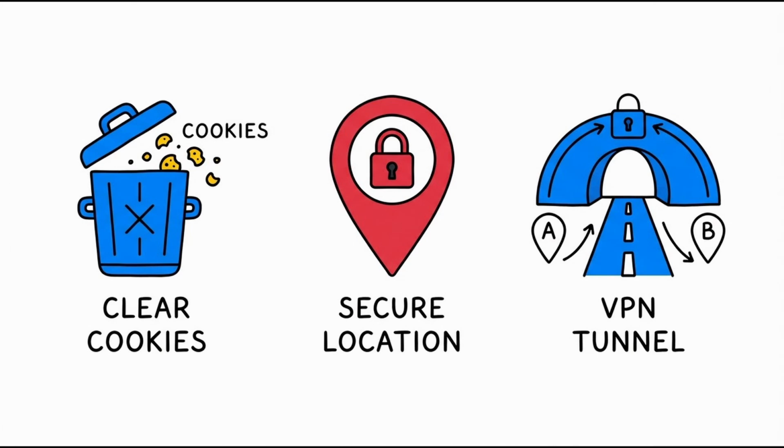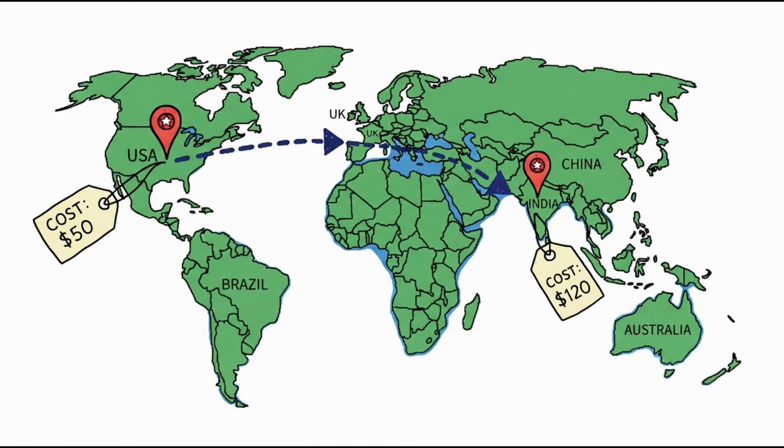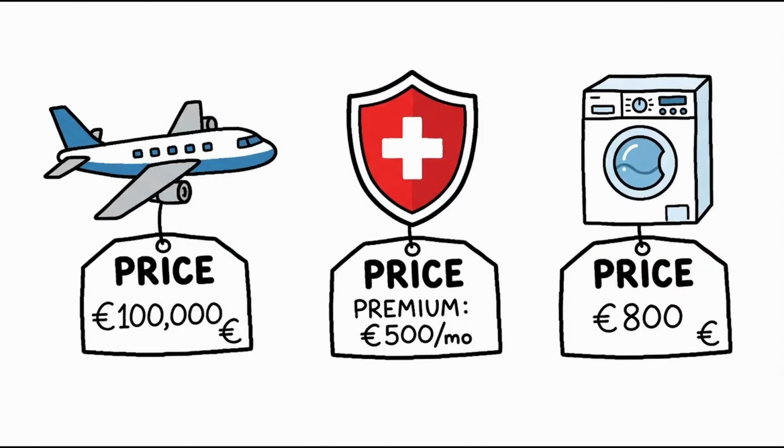Fourth move, clear cookies and location permissions periodically, and consider a VPN for anything genuinely price-sensitive, like flights or hotel stays. Changing your apparent location can sometimes surface a different price tier entirely. That's how uneven this system really is.